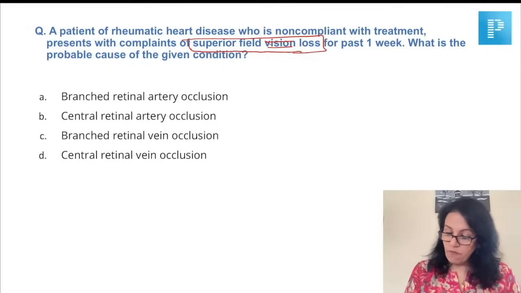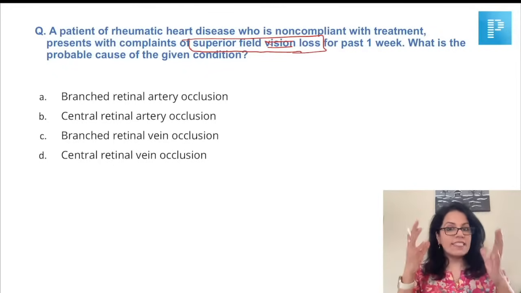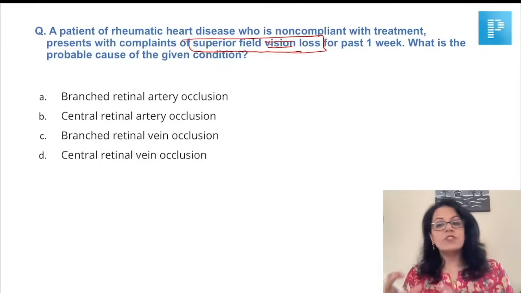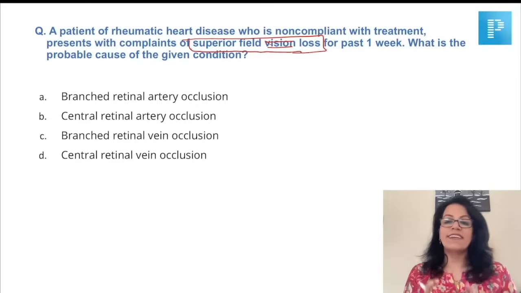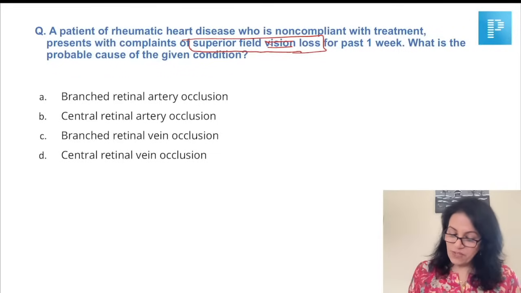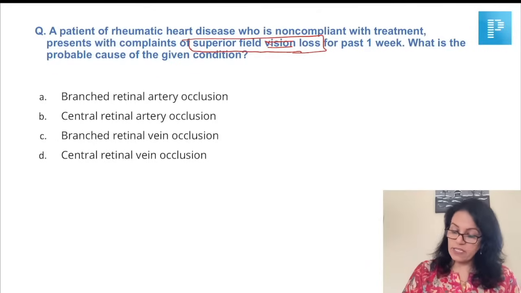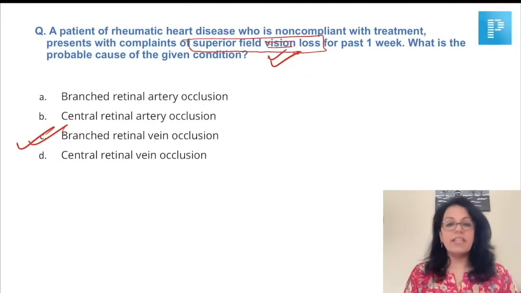So what should we answer? Common sense: if there is any field defect in any one quadrant, it has to be a branch involvement and not the central vein or retina involvement. So first of all, this is gone. When you talk about branch, of course, because it is a chronic thing causing a severe visual field loss, it has to be branch retinal vein occlusion.